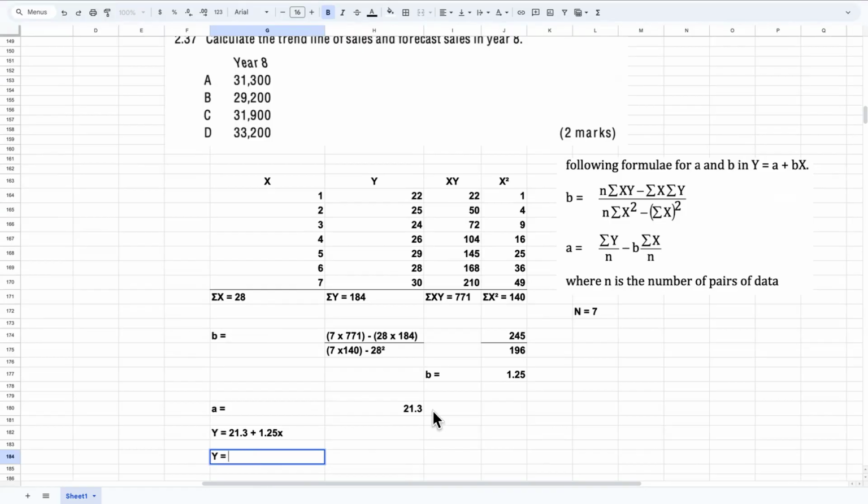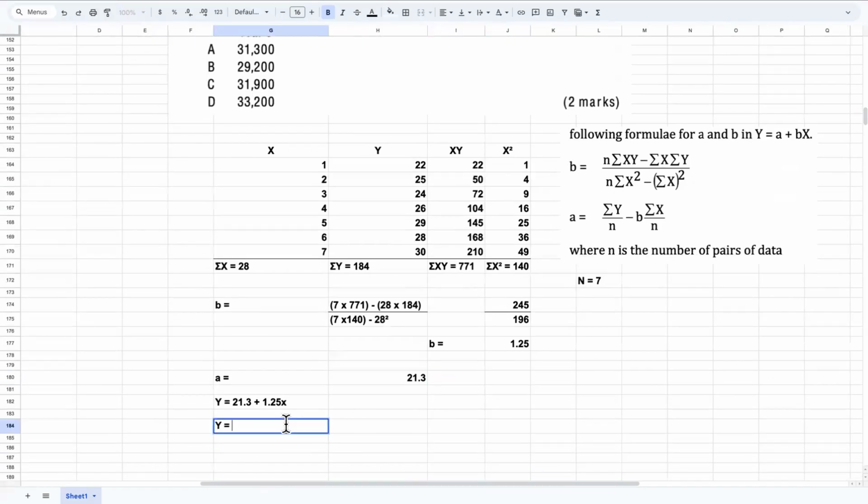So the y value first we will determine using this calculator.